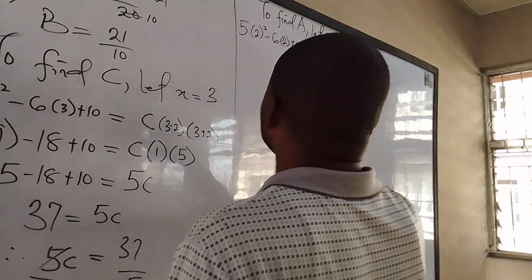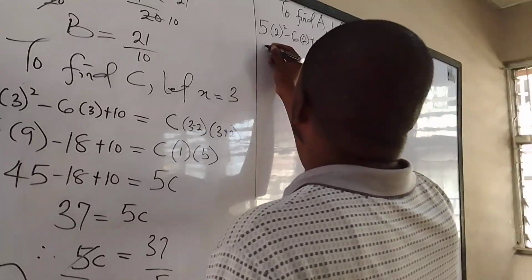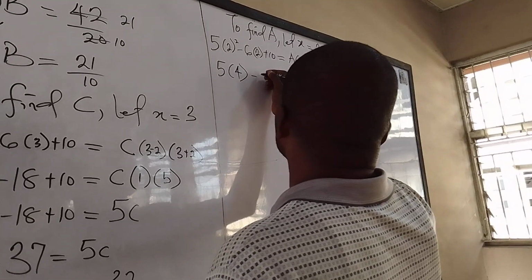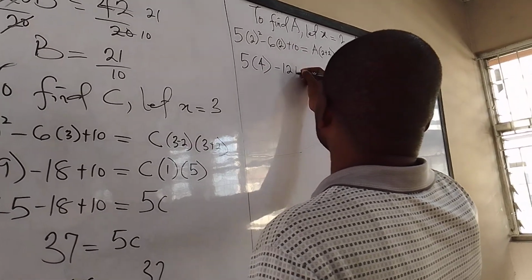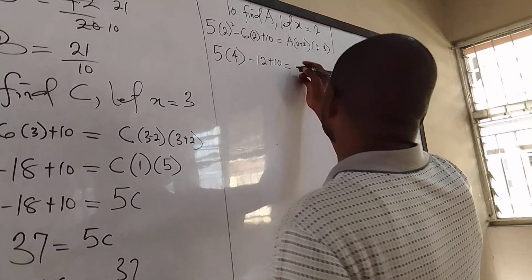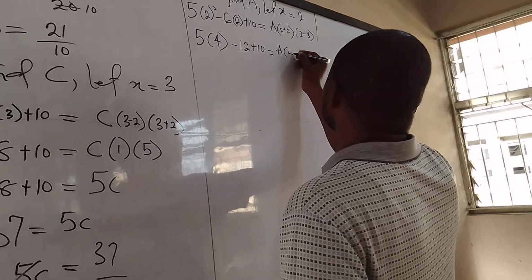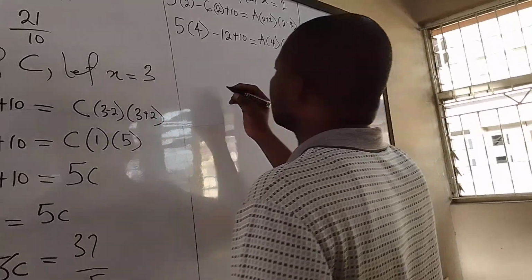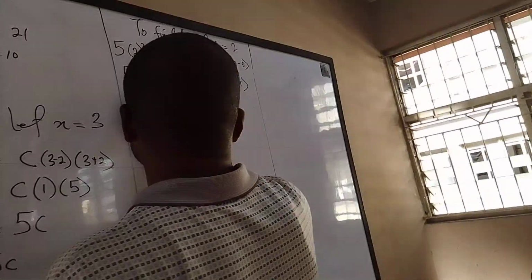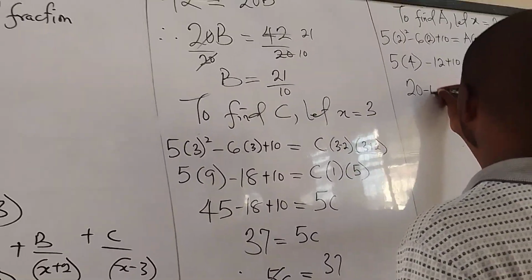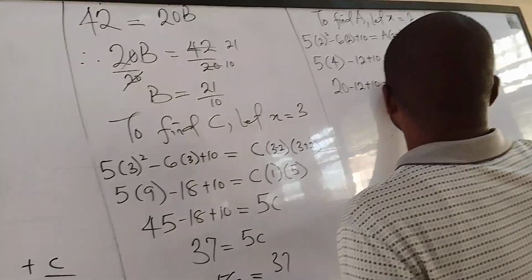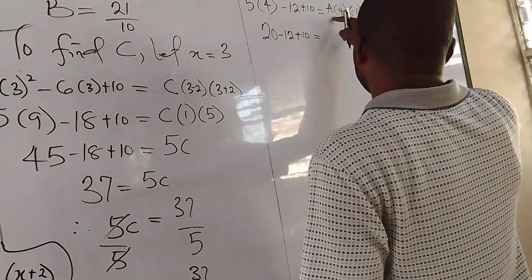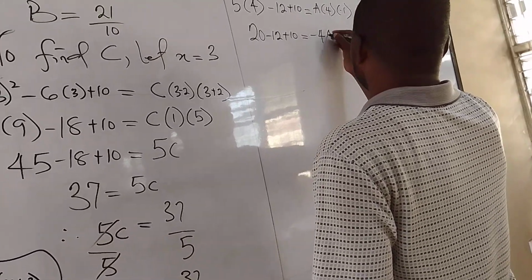So at the end of the day, we have 5 into 2 squared, which is 4, minus 6 times 2, 12, plus 10 is equal to a into 4. And then 2 minus 3 will give us minus 1. So we have 5 times 4, 20, minus 12 plus 10 gives us 4 times minus 1, which is minus 4a.